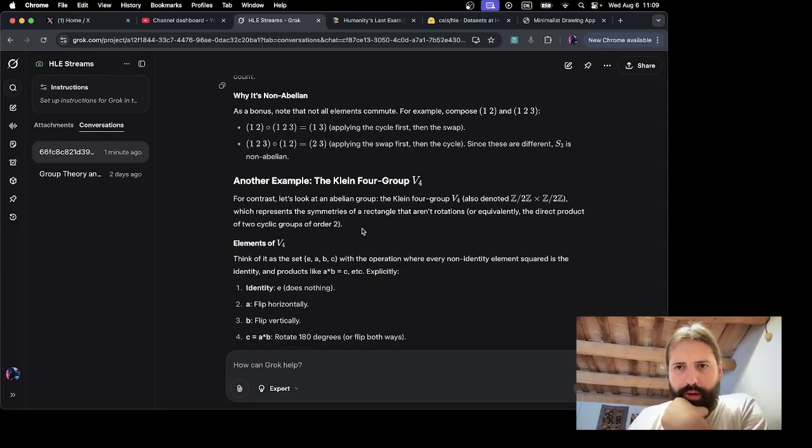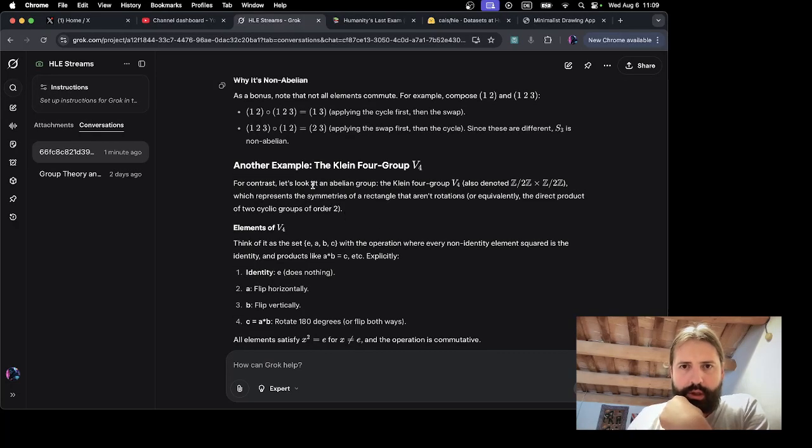The Klein 4 group, V4, an abelian group. This is just notation, right? Where this notation comes from, this is crazy. It's the symmetries of a rectangle that aren't rotations, or equivalently, the direct product of two cyclic groups of order 2.